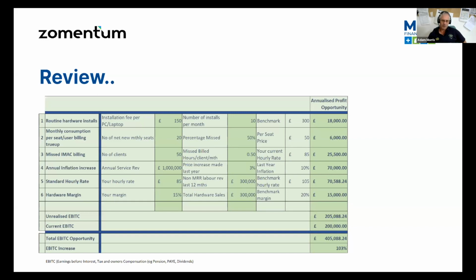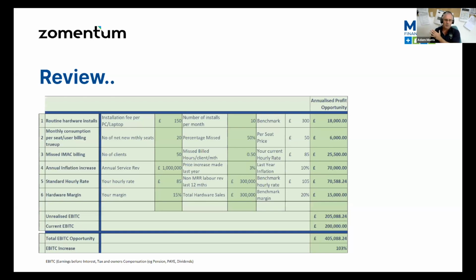If the current profit was 200, that's actually a 103% increase. So the numbers we pulled through there are not that extravagant. And interestingly, when we've run this for lots of other MSPs, it's always at least 100,000. One figure sticks in my mind where it was nearly 500,000, but it's always over 100,000, which is why that's the number we use in the title of the deck.